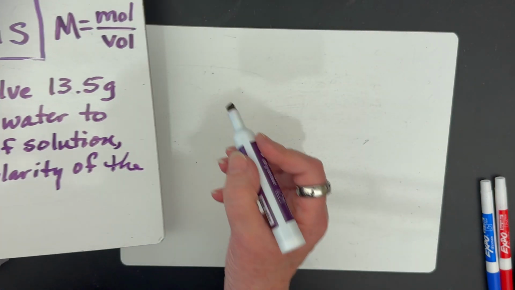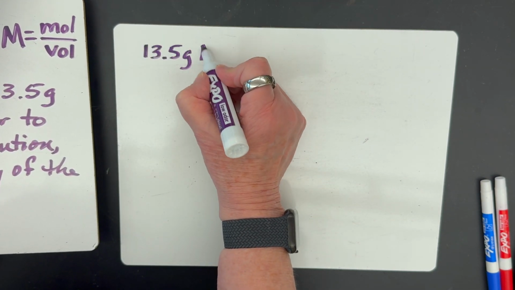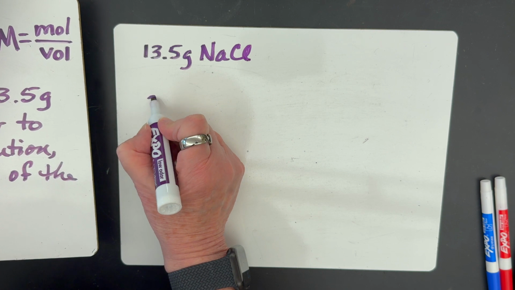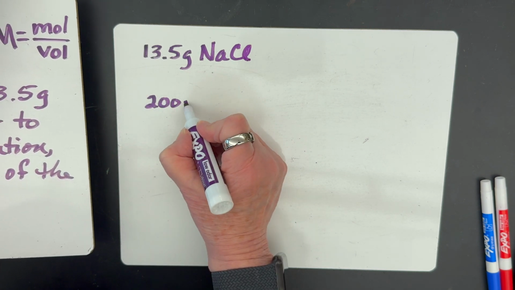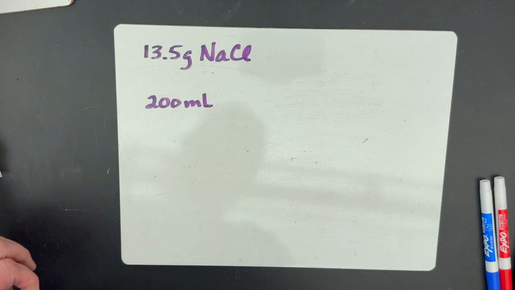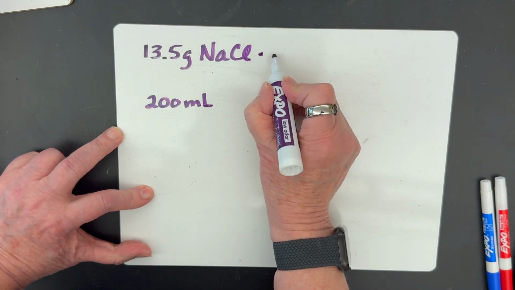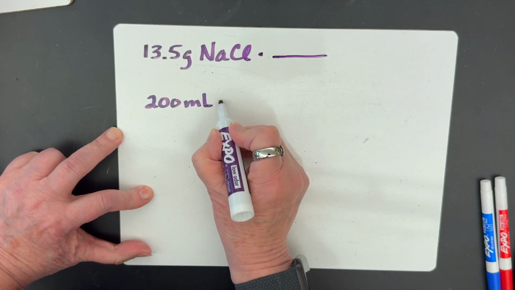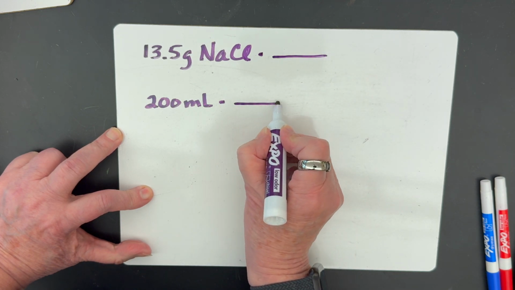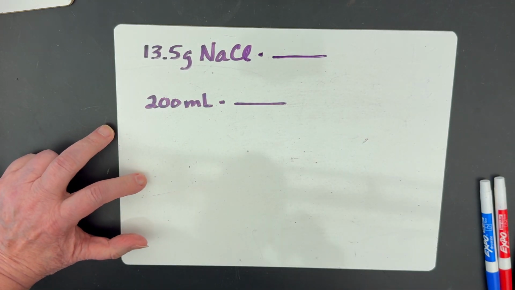So we have 13.5 grams of NaCl and we have 200 milliliters of water or of solution. So we need to have a conversion factor to change grams to moles and milliliters to liters.